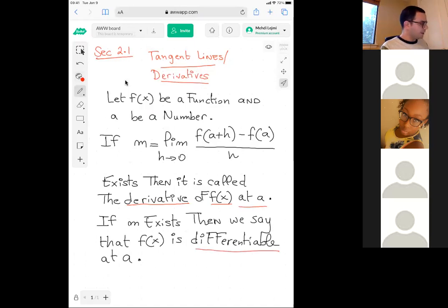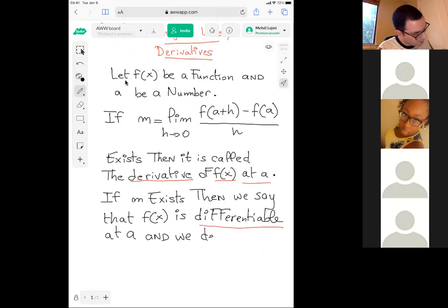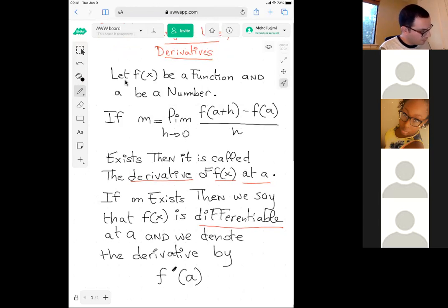And we denote the derivative by f prime of a, so that would be equal to m. So m would be the derivative of f at a.